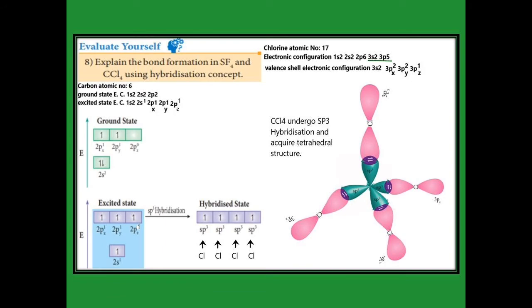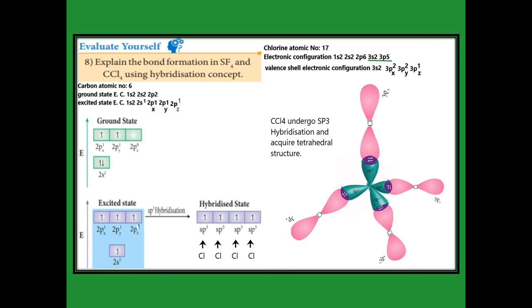The next evaluate is carbon tetrachloride. It has sp3 hybridization. The central atom is carbon, atomic number 6. Ground state electronic configuration is 1s2 2s2 2p2. In the excited configuration, one of the s orbital electrons goes to the 2pz orbital.